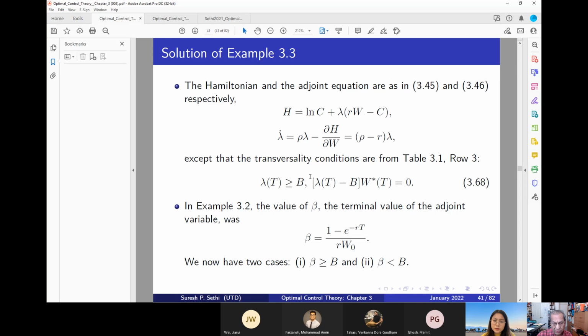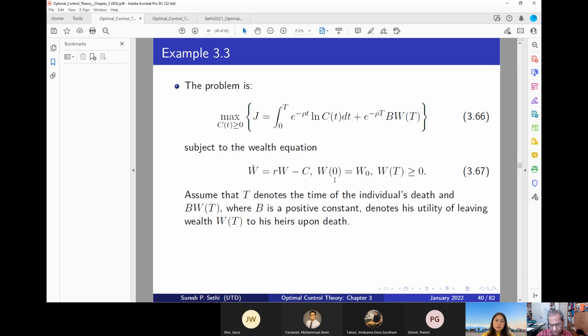That tells you clearly, if B is very large, that means the person puts a whole lot of value on leaving wealth to his heir, then WT will become larger. So as B increases, more and more wealth will be left. That is understood. It's also possible, and we already know when B equals 0, no wealth will be left, because there is no reason to leave any wealth if there is no value of leaving wealth.